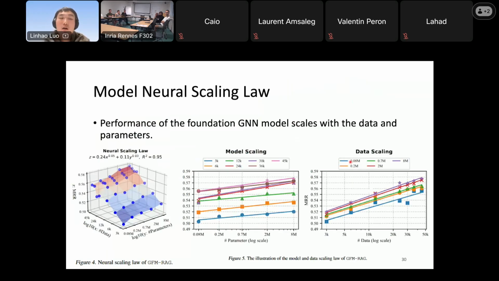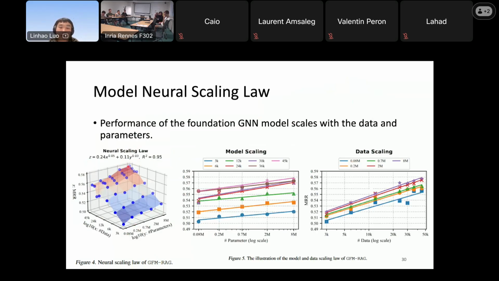And the last is, because we want to test it as a foundation model, can our performance increase or scale with the data and the parameters? So here, as shown in this figure, we can see that the performance of our method scales well with the parameter size increasing and also the training data size increasing, and it can be well fitted under scaling law patterns.